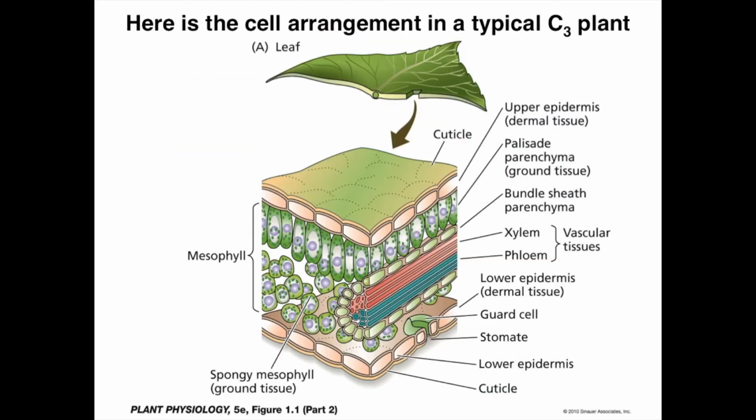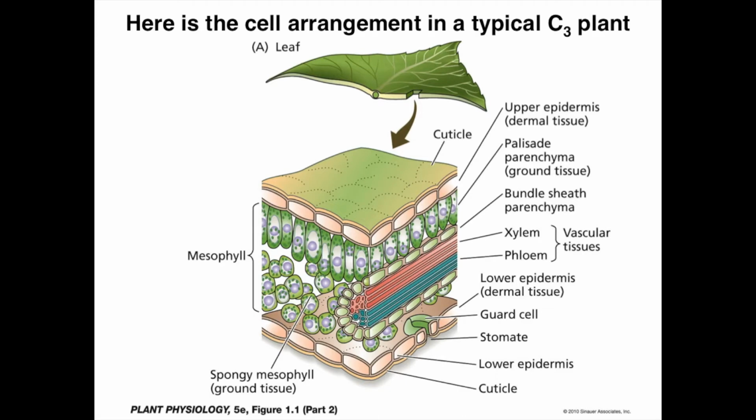So let's take a step back for a moment and revisit this overall anatomy that we see within a typical leaf. So the book goes through this diagram and this arrangement, and this is for a typical C3 plant. And we've covered the general features here that yes, we have all of this between the upper and the lower epidermis, just some mesophyll cells.